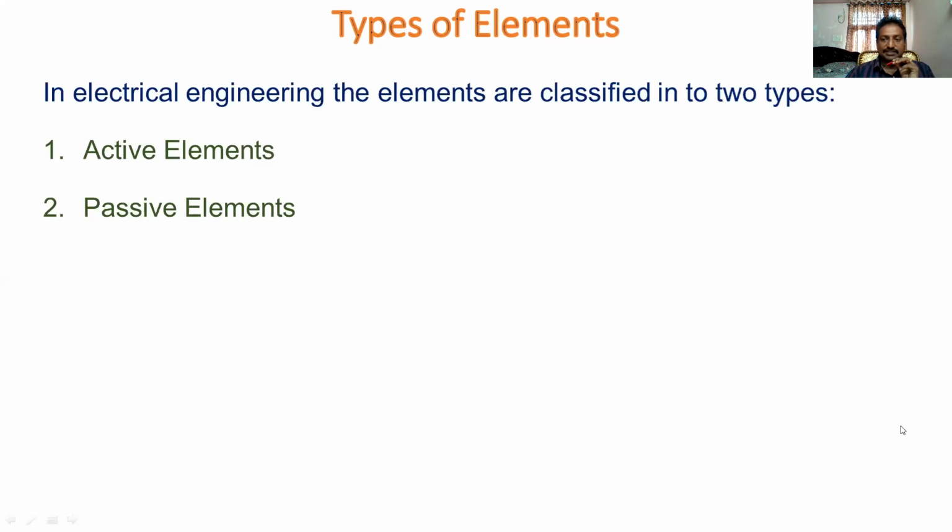I will repeat again, listen carefully. Active elements are the elements which always give or supply energy to other dependent elements, called passive elements, in the circuit.